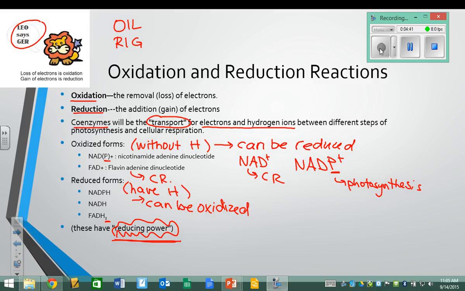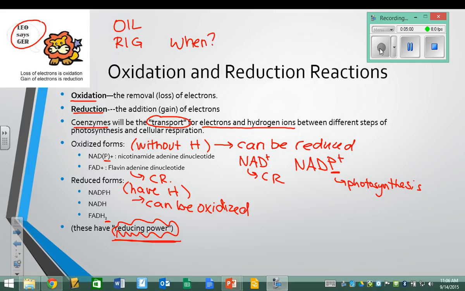One of the things I will ask you once we've talked about photosynthesis and cell respiration is, when does this molecule get reduced? When does this molecule get oxidized? I'm not going to make a list now because I think it makes more sense for me to show you that as we do each step.